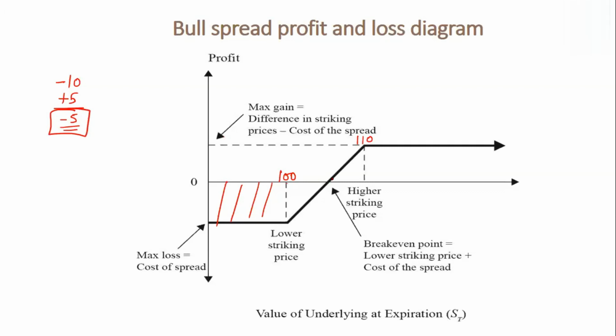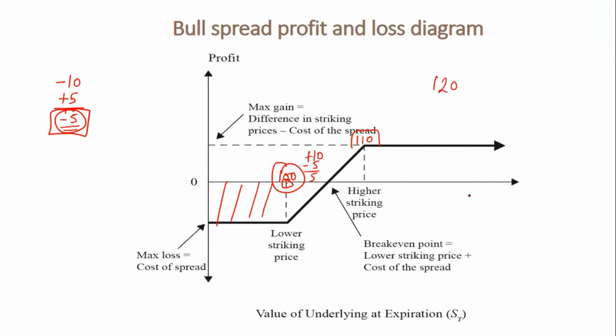If it goes from 100 to 110, that means this option will become profitable by 10. But the option you sold, for the buyer who purchased it from you, is worthless, right? So ultimately you made a profit of 10 minus the cost of your spread, a profit of 5. Beyond this, let's take 120.